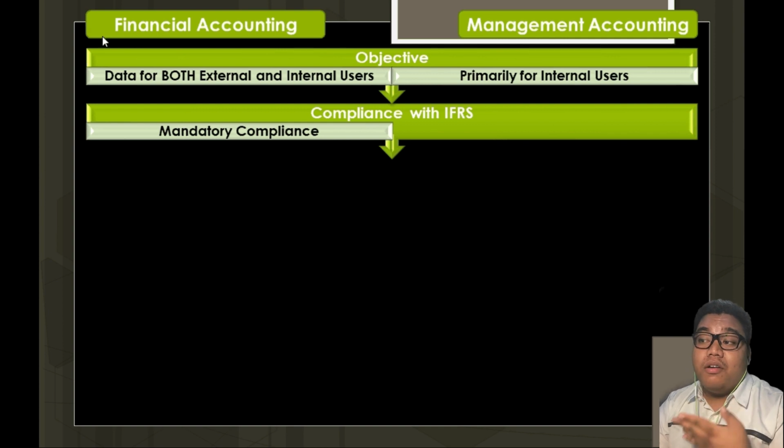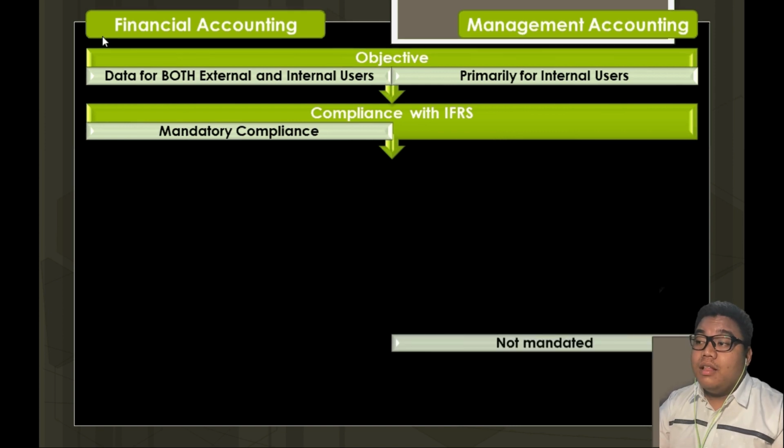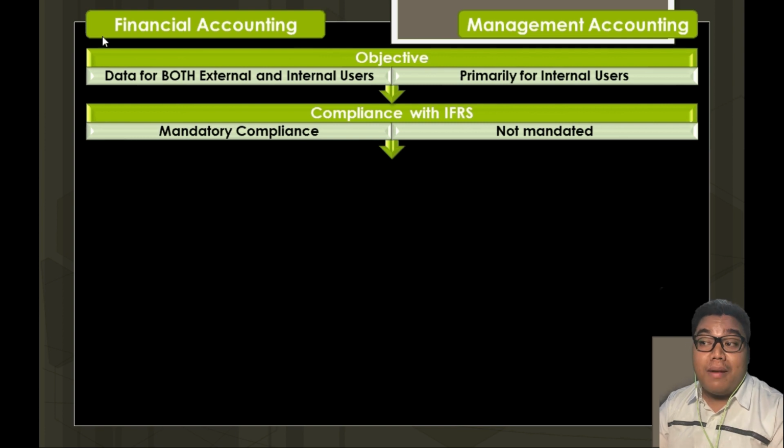So, if we are going to prepare the statements for financial accounting purposes, they should be in compliance with the standards. While for management accounting, mandatory compliance is not required. So the management accounting reports do not necessarily comply with these standards.